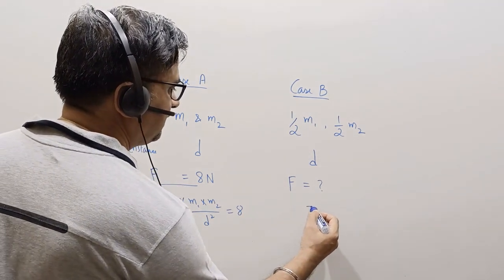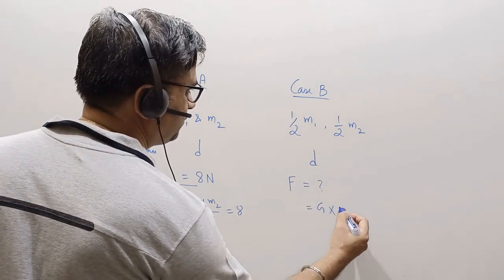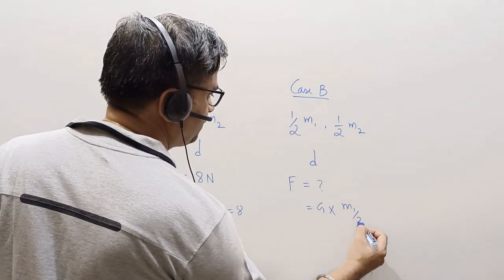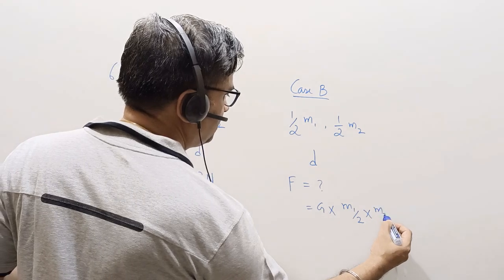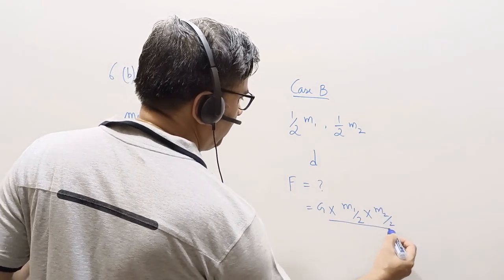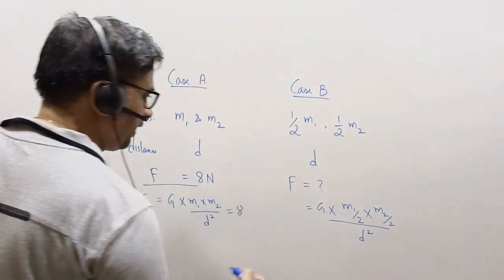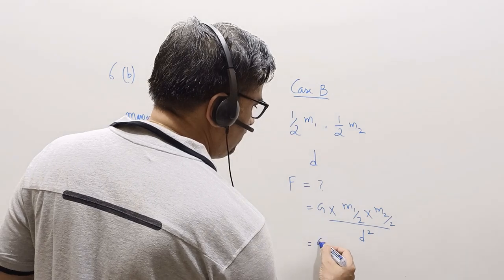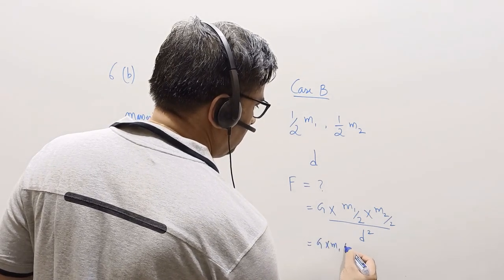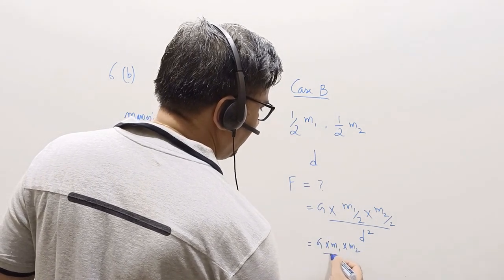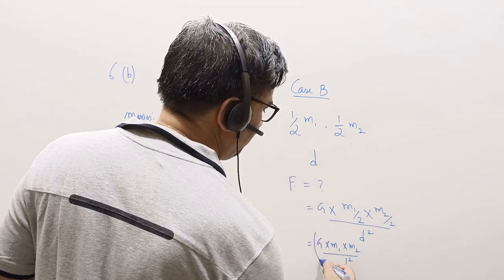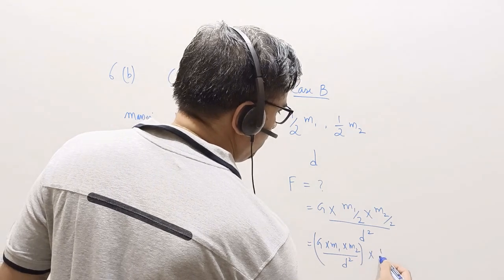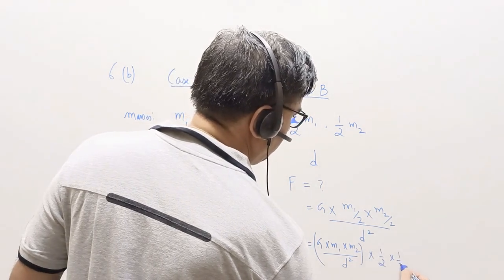In this case, the force will be given by G into m1 by 2 into m2 by 2, divided by d squared. So this value comes to G into m1 into m2 by d squared, into 1 by 2 into 1 by 2.